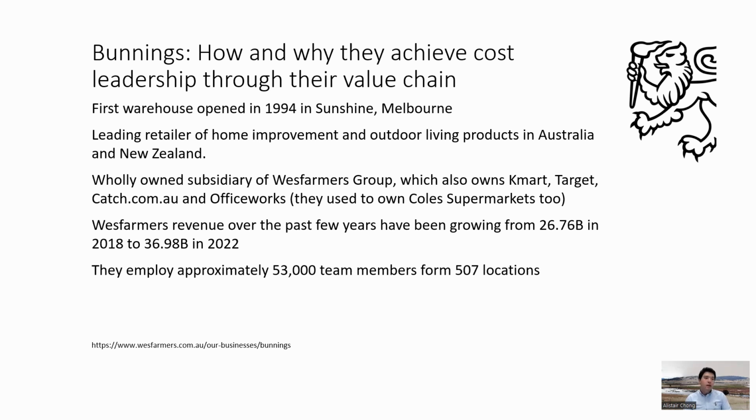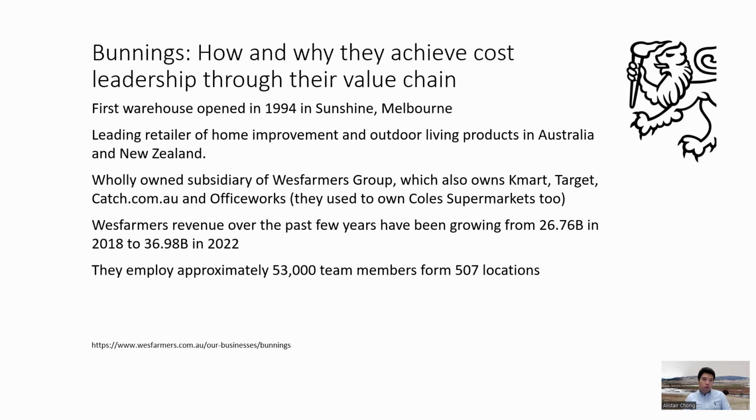They are a wholly owned subsidiary of the Wesfarmers Group, who also owns Kmart, Target, Catch.com.au, as well as Officeworks. And they actually used to own Coles Supermarkets as well, however, Coles Supermarkets were spun off in the late 2000s.